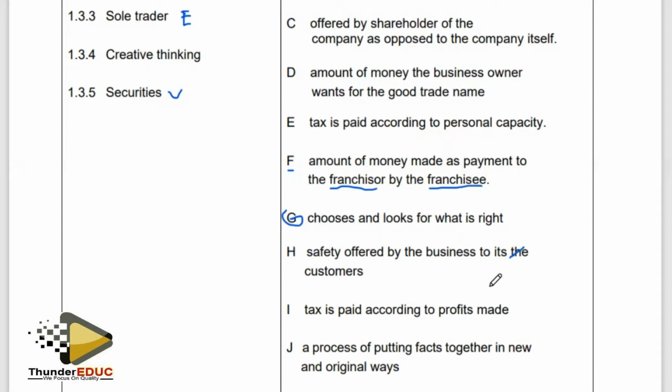Creative thinking is needed by all businessmen. With creative thinking, we always come up with something new, different, and original from our competitors, so that we can provide customer satisfaction.